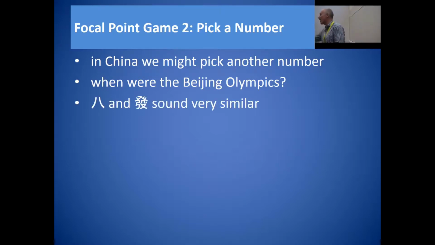And why is that? And I do apologise for my pronunciation. What we have in Chinese, you've got ba and fa. So very, very similar. Ba means number 8, and fa is associated with prosperity, good luck. So in Chinese culture, number 8 is associated with good luck. If you ever travel on airlines and look at the departure codes, if you fly from London to Hong Kong with BA, what's the flight code?